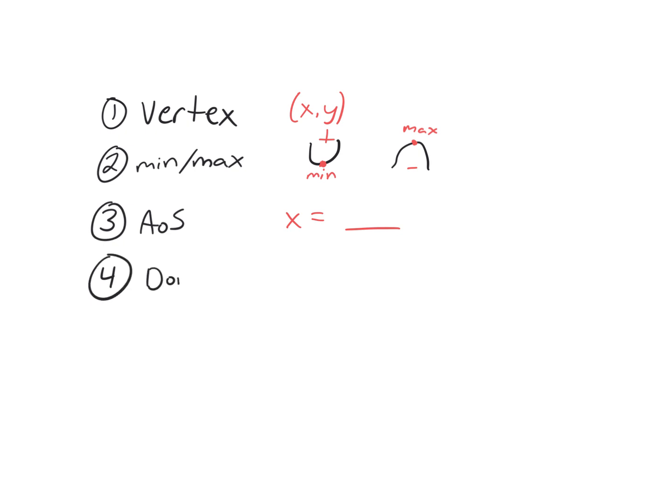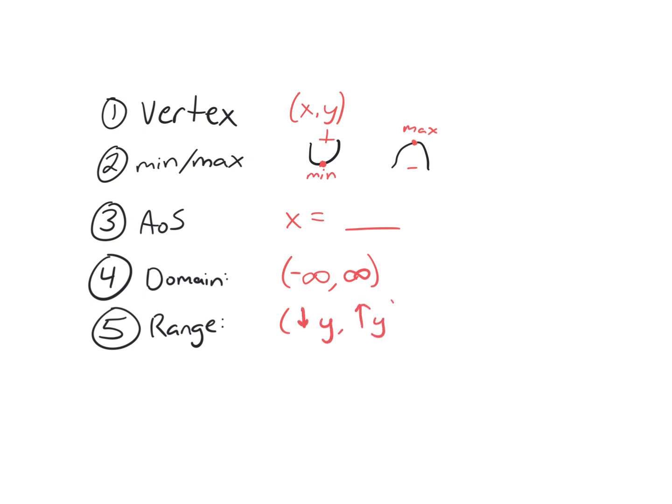Domain. What am I always going to put for domain? Negative infinity to infinity. What's 5? Range. Do I always know what the range is going to be? No. It's the lowest y to the highest y.